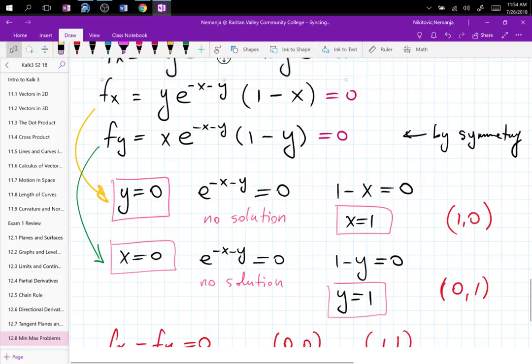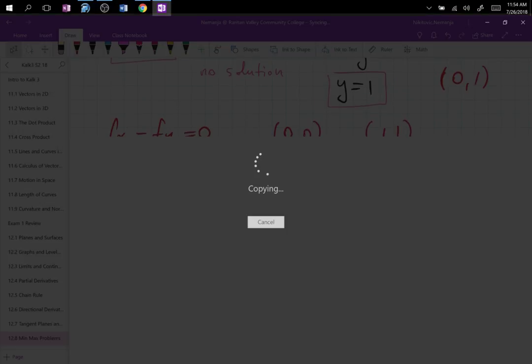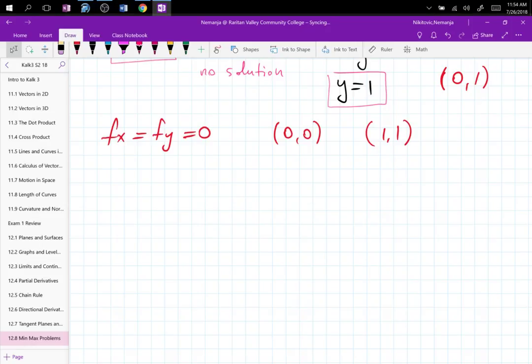Copy. I've never seen this screen copying. I copied a million times.